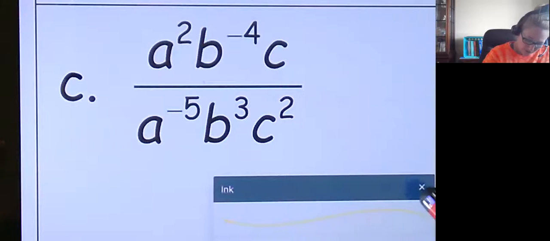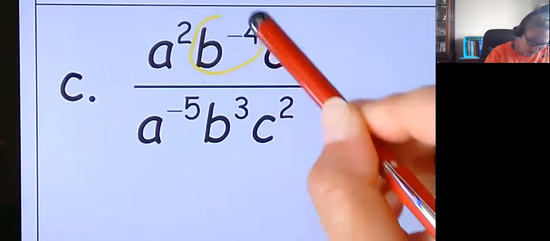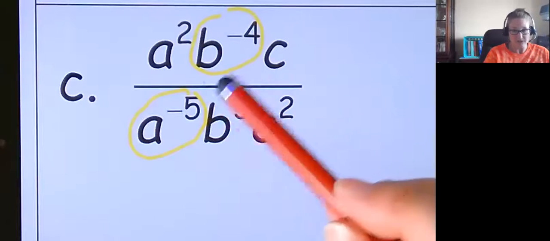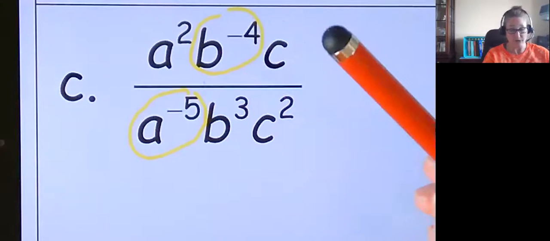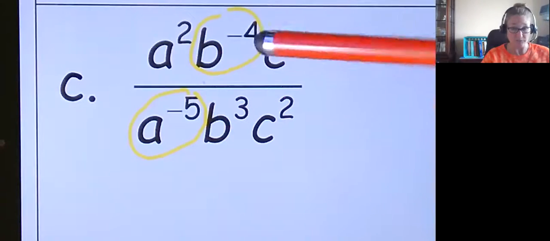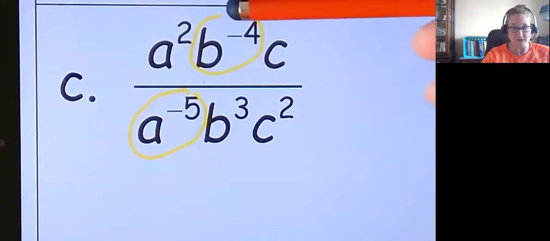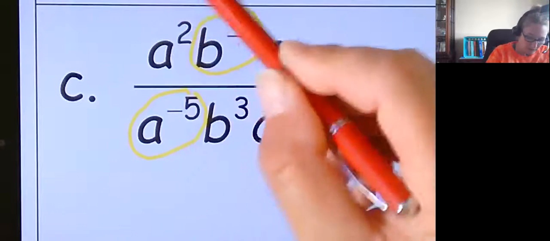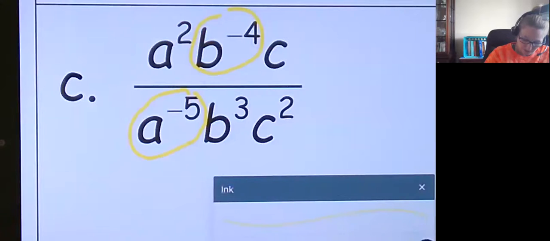Okay, so this one here and this one here. When you have a negative exponent, I don't care about a negative number. Negative numbers are fine, but a negative exponent means I'm going to have to move it from top to bottom, depending on where it is. Okay, so let's get going on this.